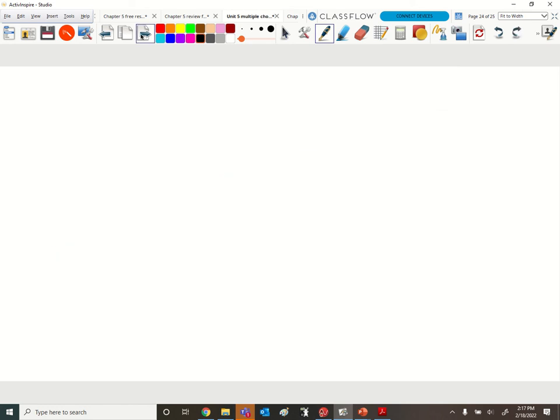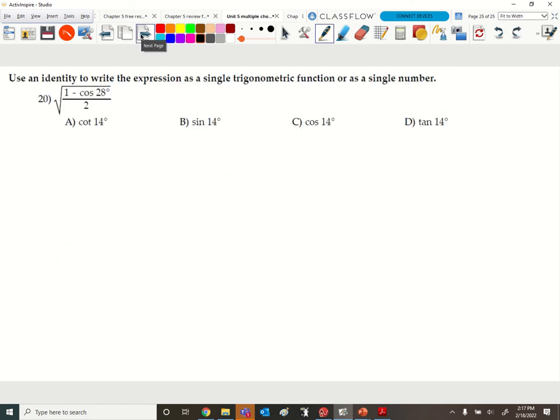And number 20. Now, you can if you want to. In my opinion, it would be easier just to look to see which one I'm using. It's a half angle for what? For sine. Half angle sine.